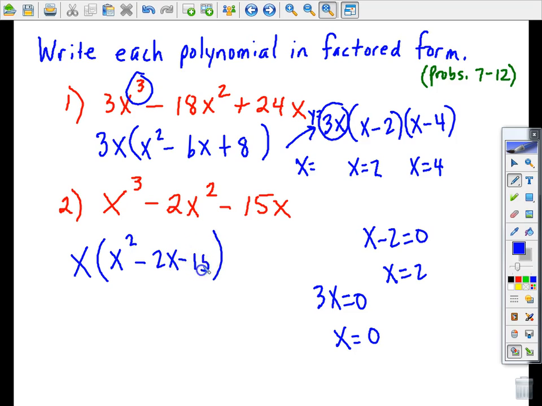And JT, can you factor any more? Well, 2 factors from negative 15 are negative 5 and 3, which add up to negative 2. Very good. So you get x times the quantity, x minus 5 times the quantity, x plus 3.